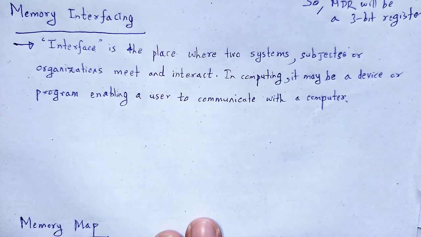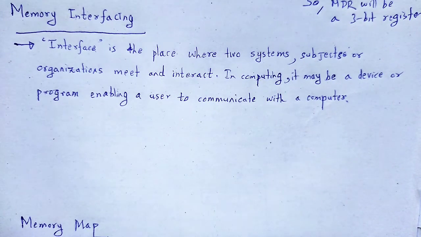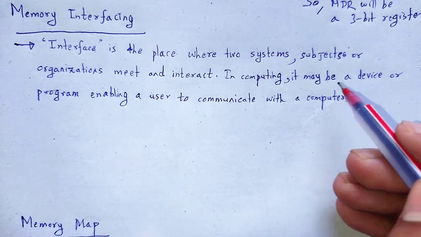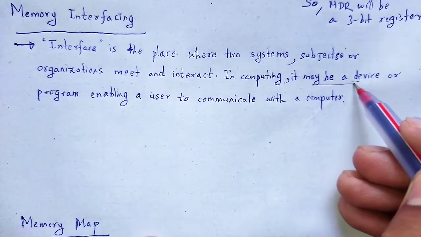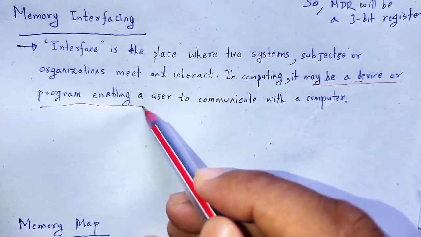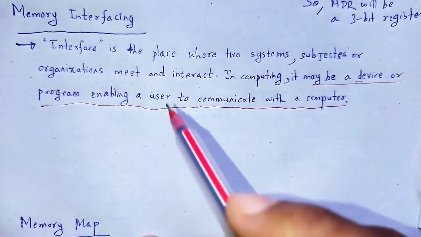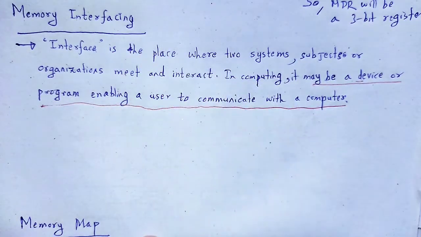Next, memory interfacing. An interface is the place where two systems, subjects or organizations meet and interact. But in the case of computing, it may be a device or program enabling a user to communicate with computers. It is known as memory interfacing.